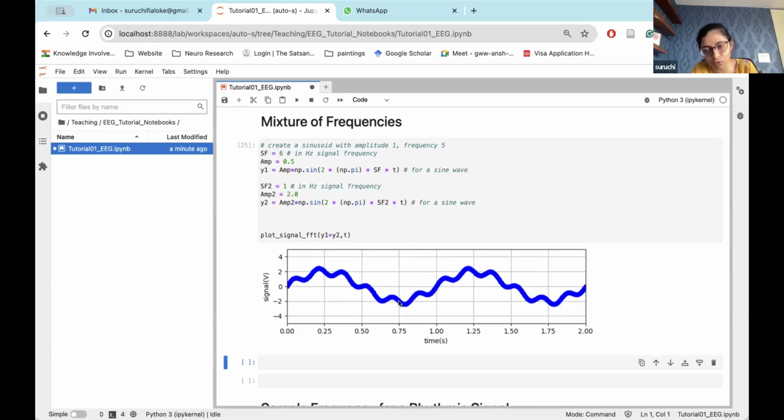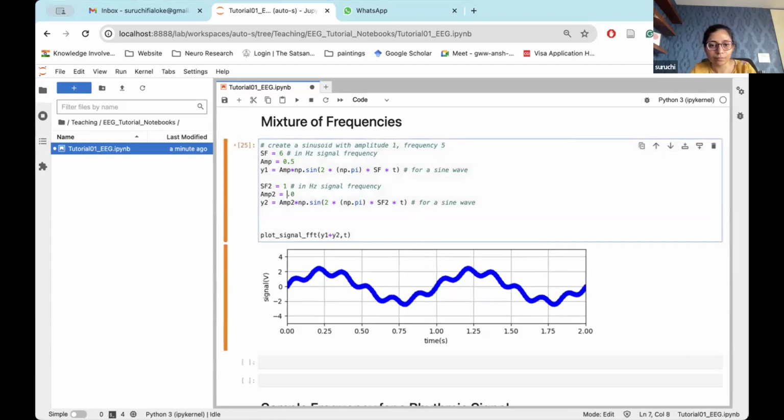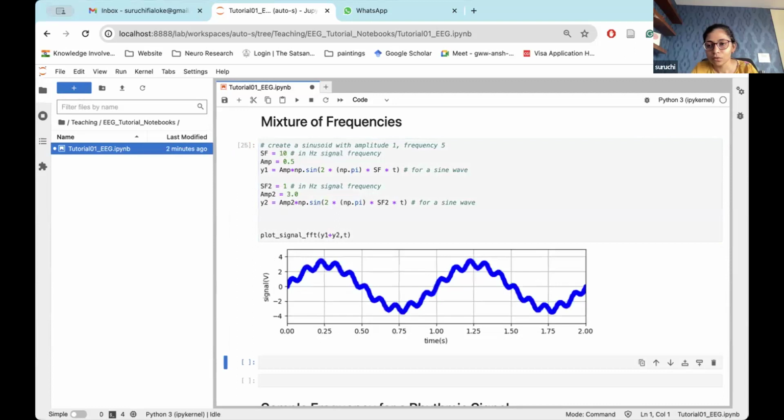So this is what it's going to do. You can keep playing with it. You can change the amplitudes, you can change the frequencies. You make it 10. You understand, this is just getting added up.